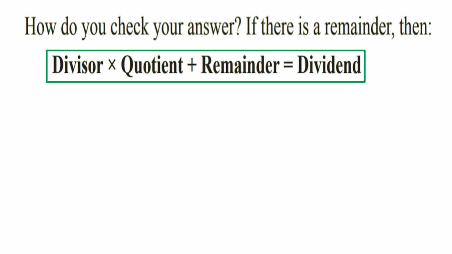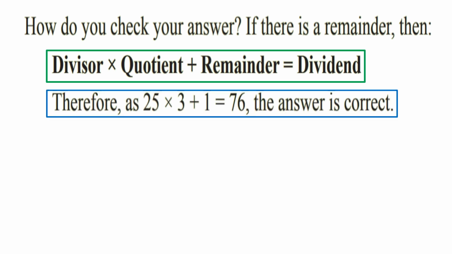Students, you check like this: divisor times quotient plus the remainder equals dividend. Therefore, for example number 1, 25 is the divisor times 3 the quotient plus the remainder equals 76. The answer is correct.